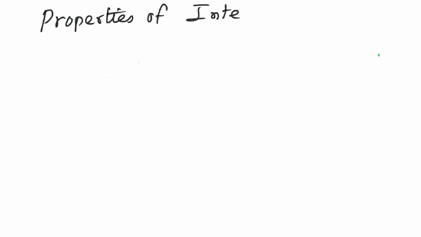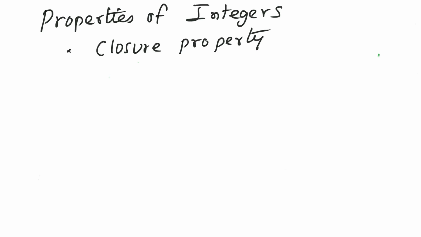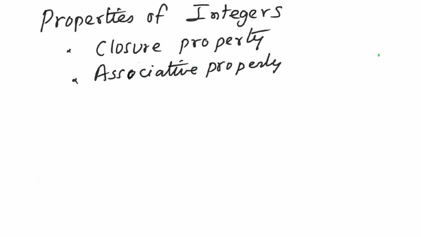Now going on to the properties of integers, and as I already mentioned in the previous video, students are requested to view the first video where we have a detailed discussion about the properties, and to get a better idea of what they stand for, what are their theoretical aspects. So the properties of integers: we begin with the closure property. The second property is associative property.